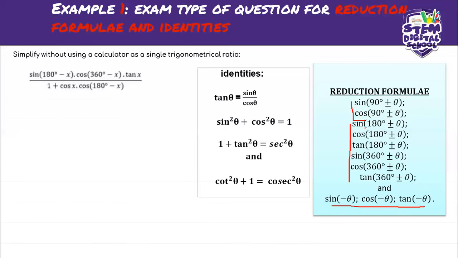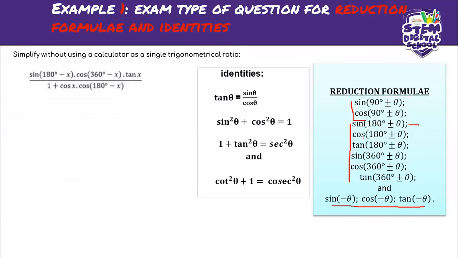We are now having the reduction formula, which is sine into 180 plus theta. The answer is negative sine theta because 180 plus theta is in the third quadrant. Then our sine is negative in that quadrant. Then we have sine into 180 minus theta. The answer is positive sine theta, which is the second quadrant, and our sine is positive in that quadrant.